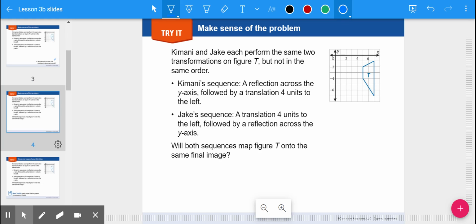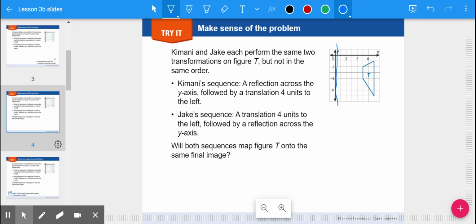So let's read it through one more time. Kimani and Jake each perform the same 2 transformations on figure T, but not in the same order. Kimani's sequence, a reflection across the y-axis. Remember, the y-axis goes up and down, so it should jump over it. And followed by a translation 4 units to the left. Jake's sequence is a translation 4 units to the left, and then a reflection across the y-axis.